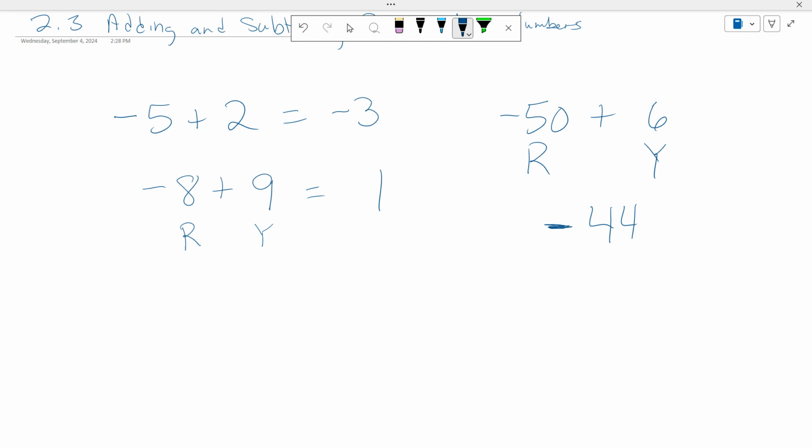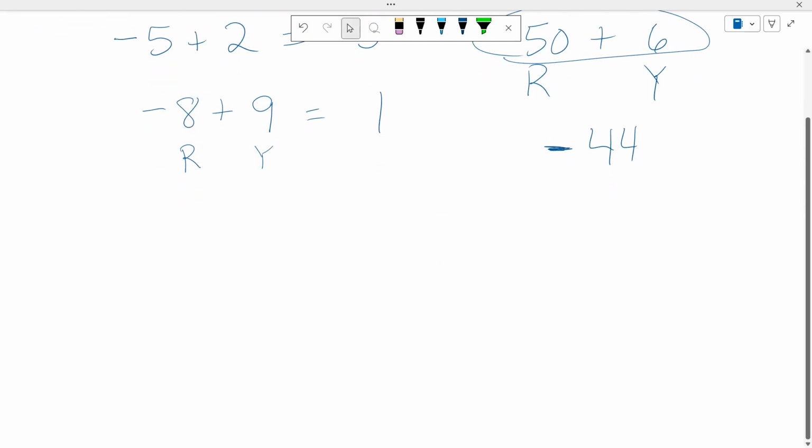So when we do addition, if they don't have the same signs, you have reds and yellows. If they have the same signs, like negative 20 plus negative 10, you have 20 reds and 10 reds. How many reds do you have total? When you have yellows and reds, you match them up and slide them away, but when you have reds and reds, you slide them together. How many reds are you going to have? 30.